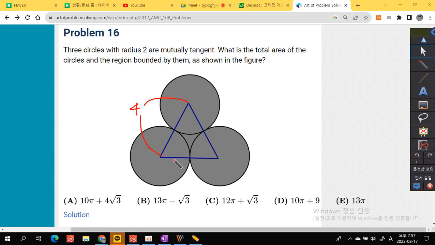So that means the area of this equilateral triangle is 4 times square root of 3. So actually the answer is A. Only this one has 4 square root of 3, and the other things, because they are part of the circle, the pi should be included.